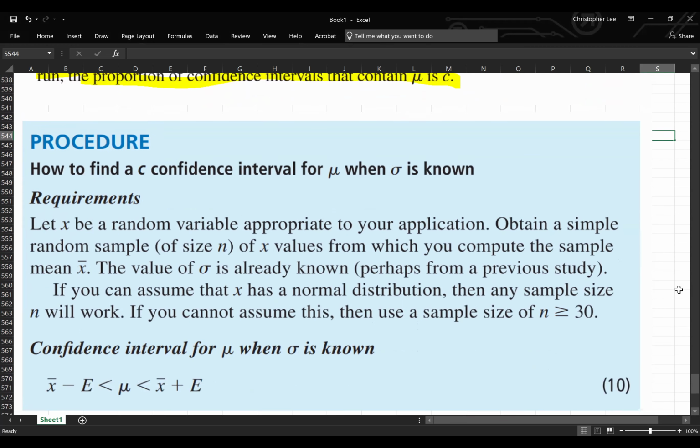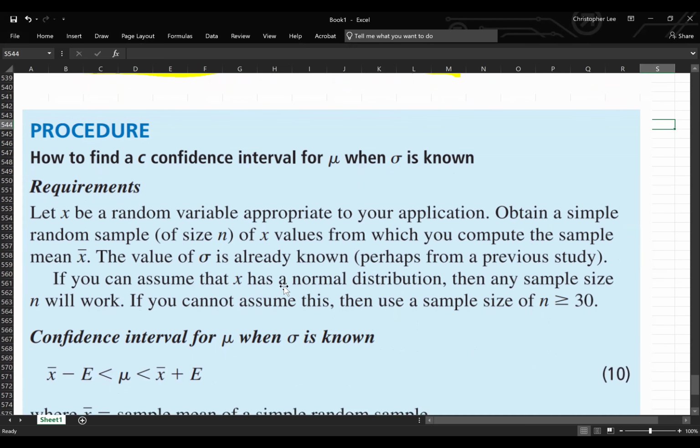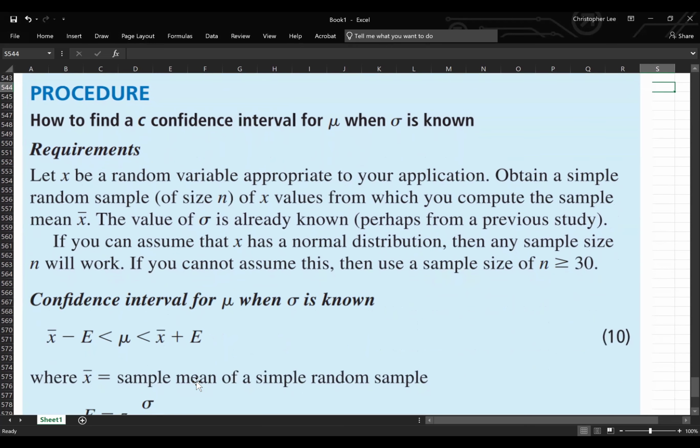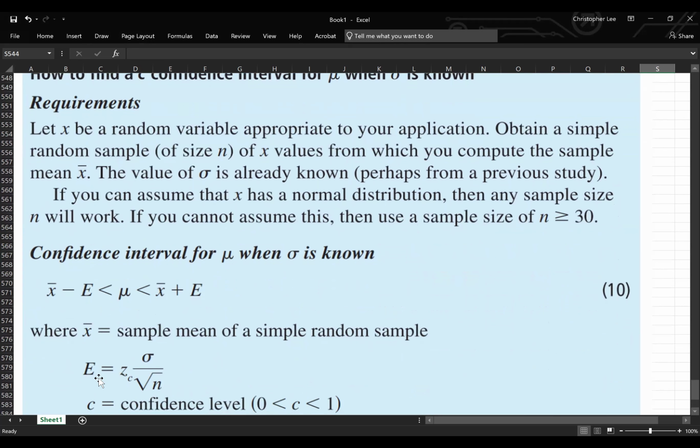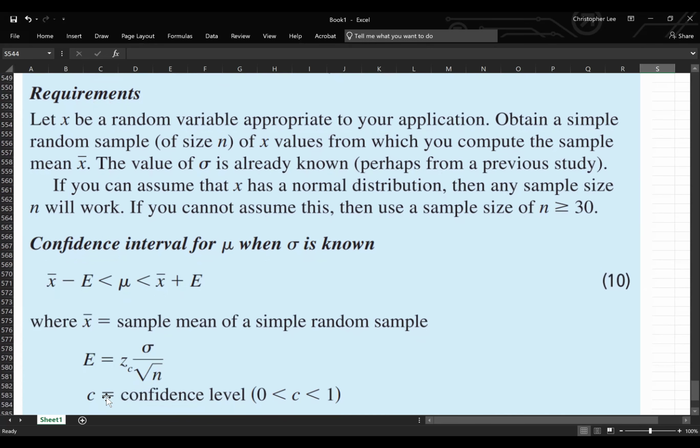Confidence intervals for mu when sigma is known will be written like this: X bar minus the margin of error less than the population mean mu less than the sample mean plus the margin of error, where X bar is your sample mean of the simple random sample, and the margin of error E is equal to Z critical times the standard deviation divided by the square root of n, where C is your confidence level, which is between 0 and 1.